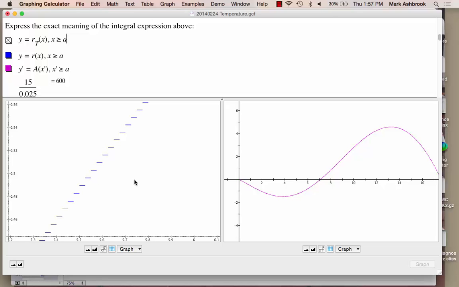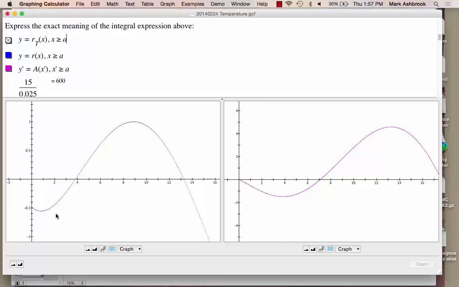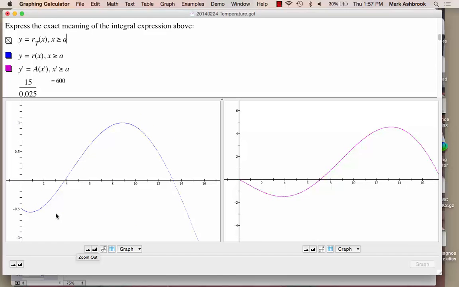Still approximate rate. But the moments are so small that if you just blur your eyes a little bit, you just say, oh, that's pretty much the exact rate function, right? The moments are so small that all those constant rates are doing a really, really good job of pretending to be the actual rate function.